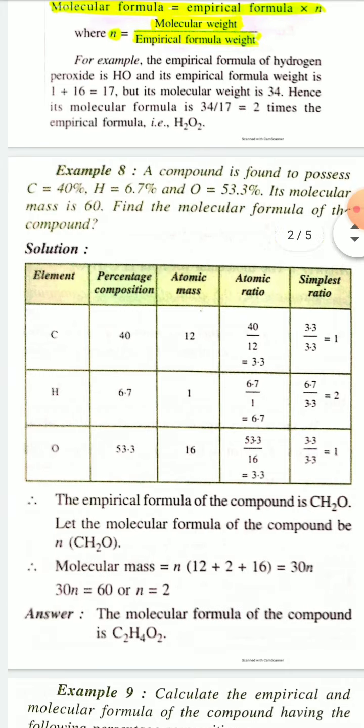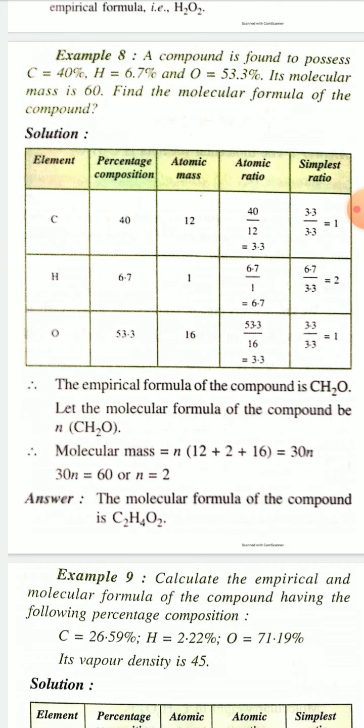Now see example 8. To find out the molecular formula, you have to first determine the empirical formula. In the last video I told how to determine the empirical formula of a compound.